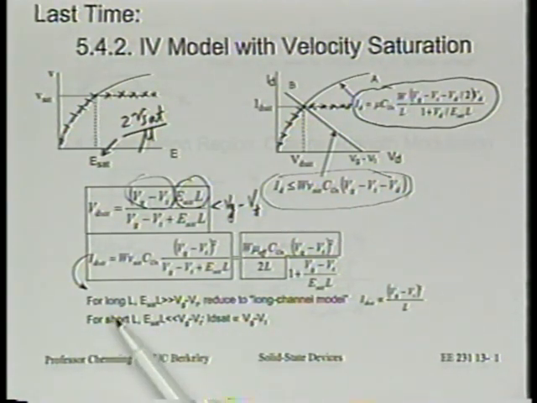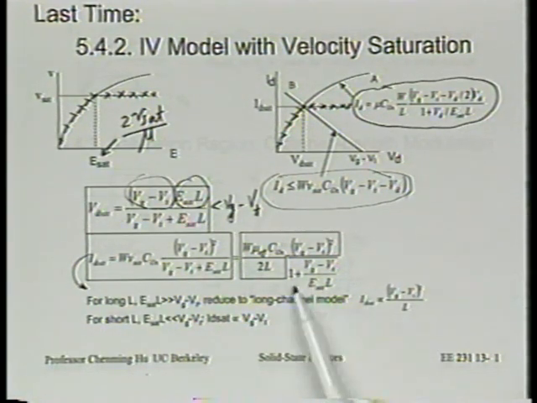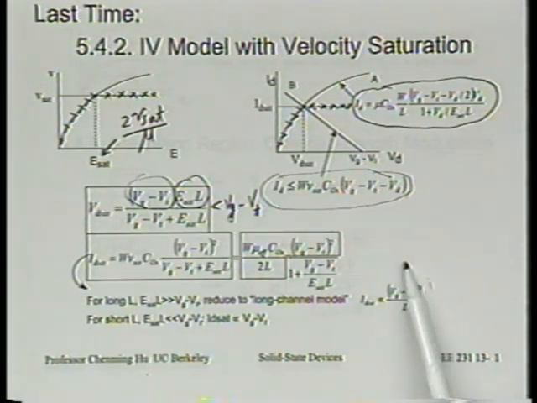We look at two extreme cases. When the channel is very long, in other words, E set times L much larger than Vg minus Vt, this term is negligible. Then ID set reduces to the usual long channel model. Specifically, it predicts that ID set is proportional to Vg minus Vt to the second power, and inversely proportional to L, right?